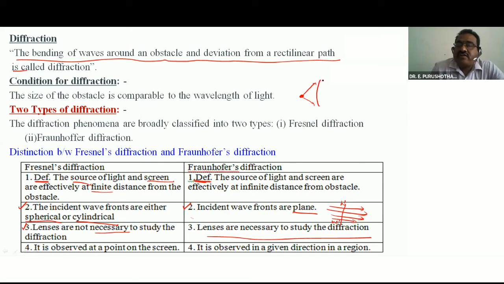If we take one convex lens, these rays incident on it give parallel or plane waves.